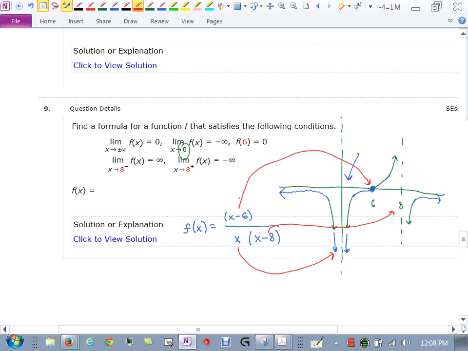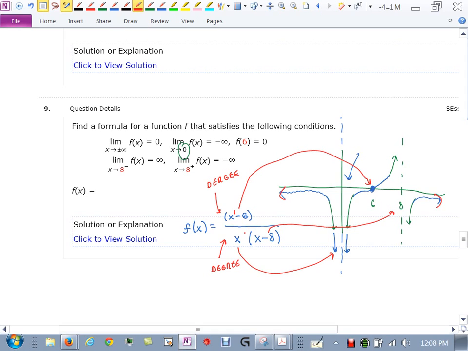In order for it to go to 0 as I go out to the left and right, I just need the degree of the bottom to be bigger than the degree of the top. That means the bottom will get bigger faster than the top will. The degree of the top is 1, because that's linear, and down here, if I distribute through, that's quadratic. So I already have that. So I know that it will go to 0 as x goes to infinity.